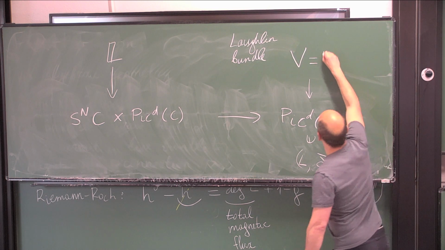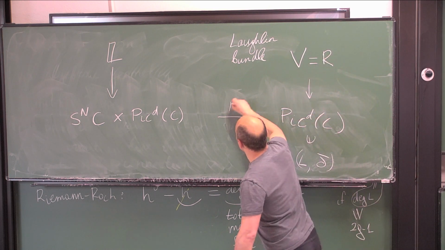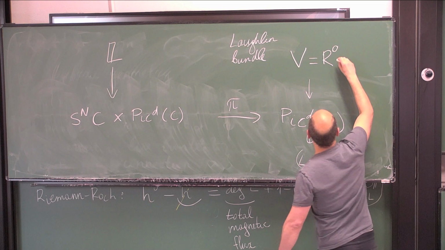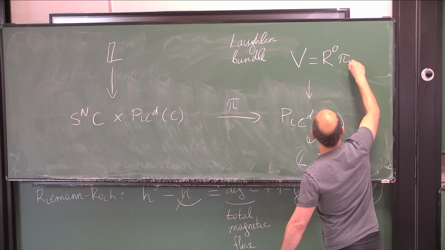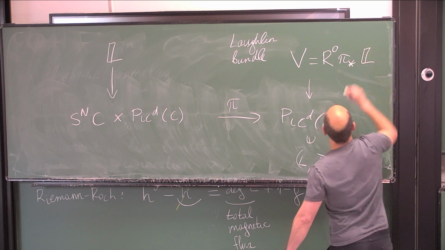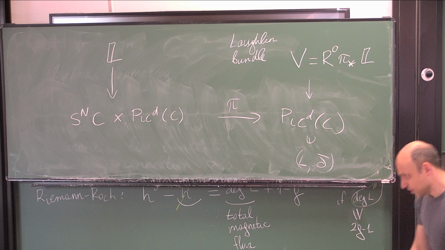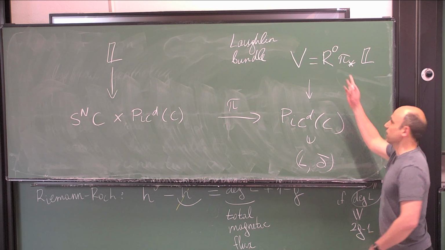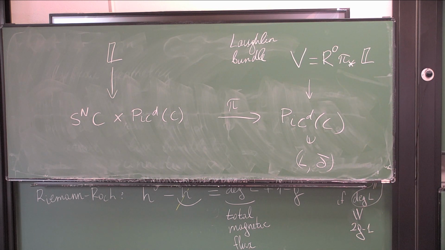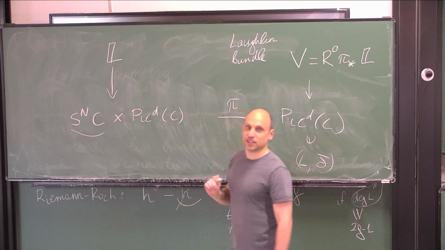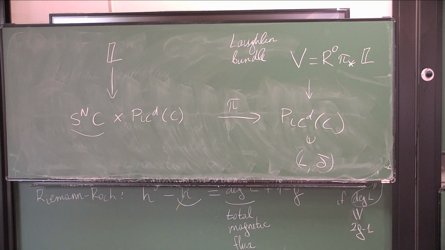So again, if I denote this by pi, there is a notation in algebraic geometry for that. It's the analog of H0, but for families it's denoted with this R0. What it means is that for every point you take the corresponding fiber, and you take the space of sections.